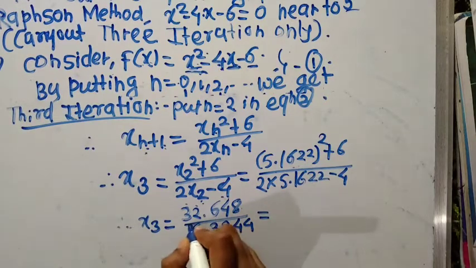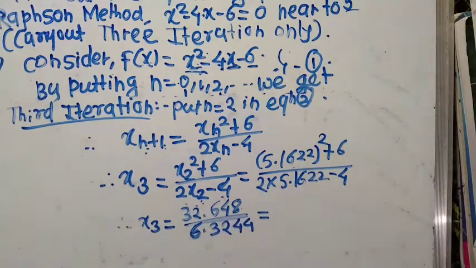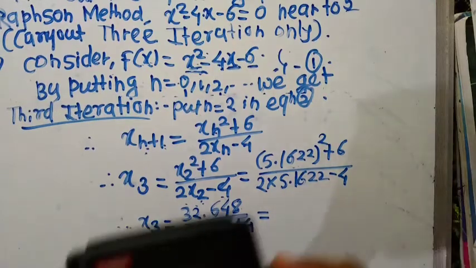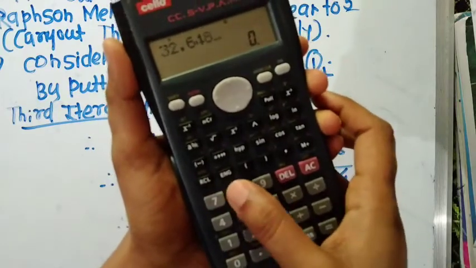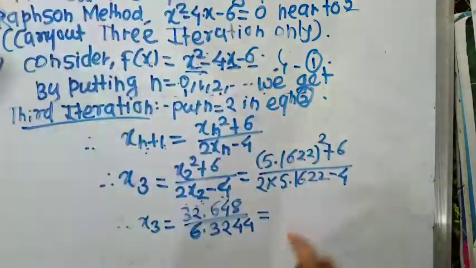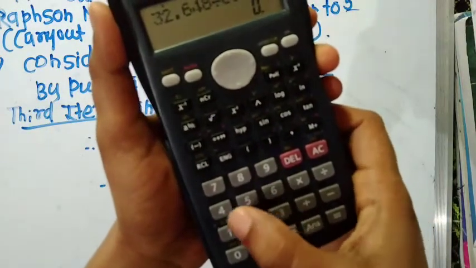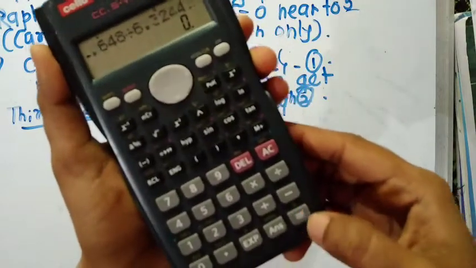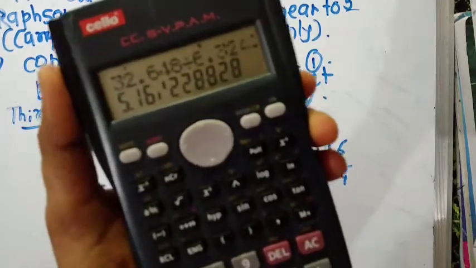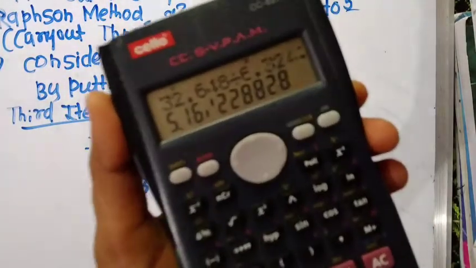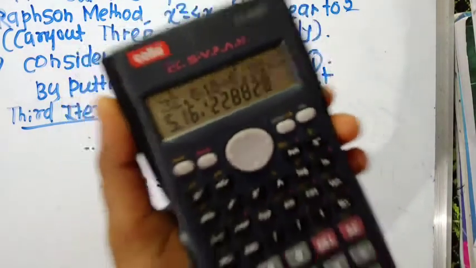So 32.648 divided by 6.3244 is equal to 5.1622.